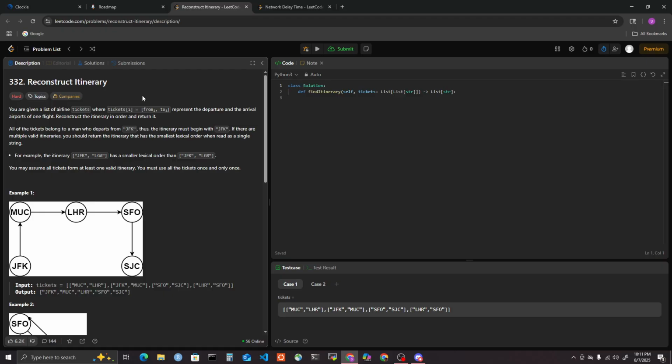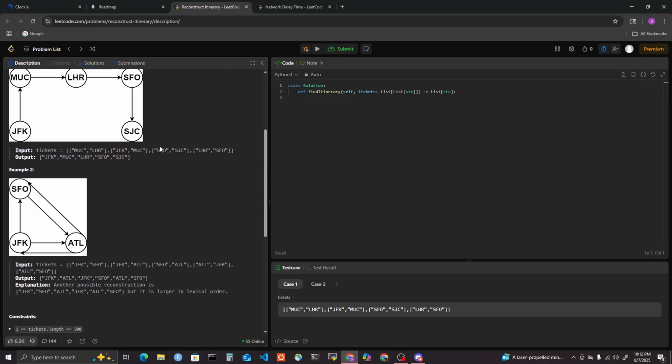If there are multiple valid itineraries, you should follow the itinerary that has the smallest lexical order when read as a single string. JFK to Atlanta.